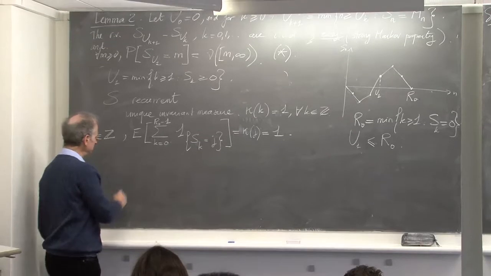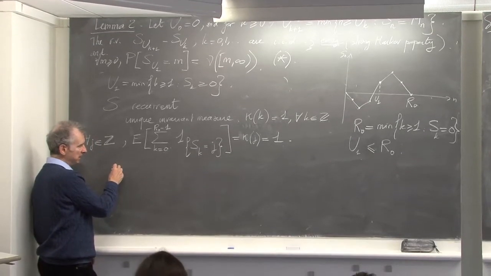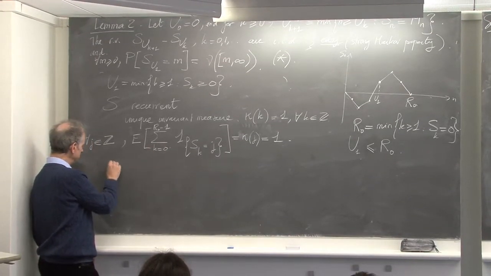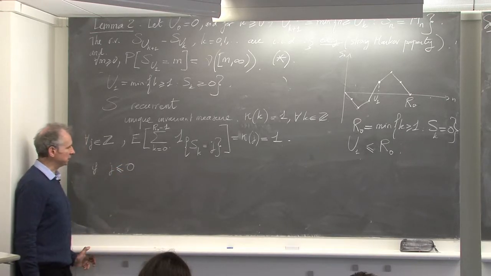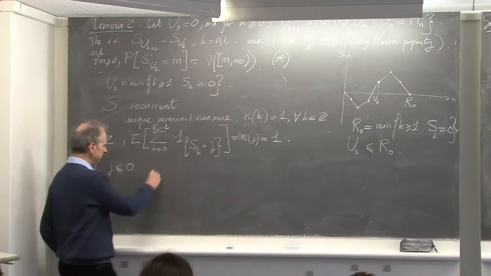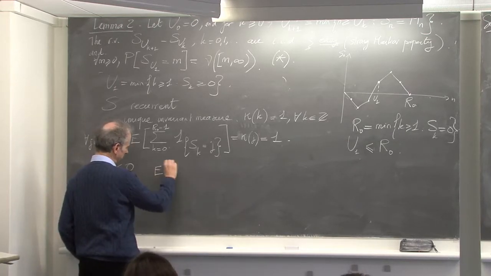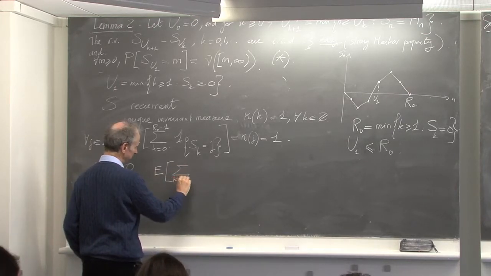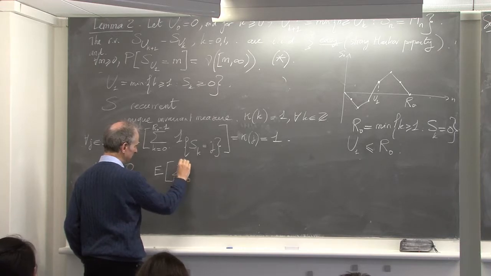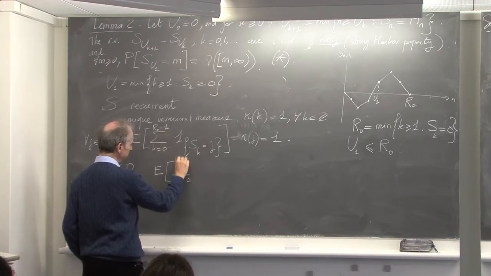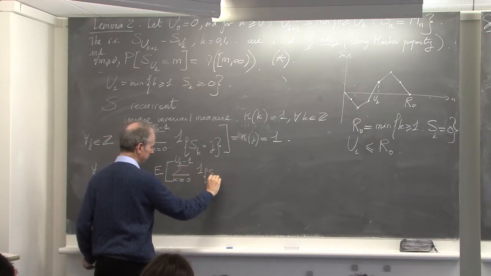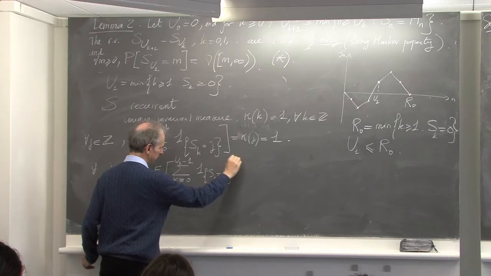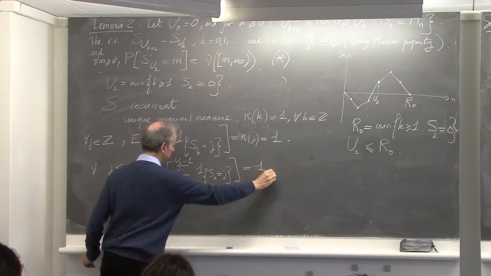So we have this property, and we have something more. If we assume now that j is negative or 0, then I can replace R0 here by U1. Why?